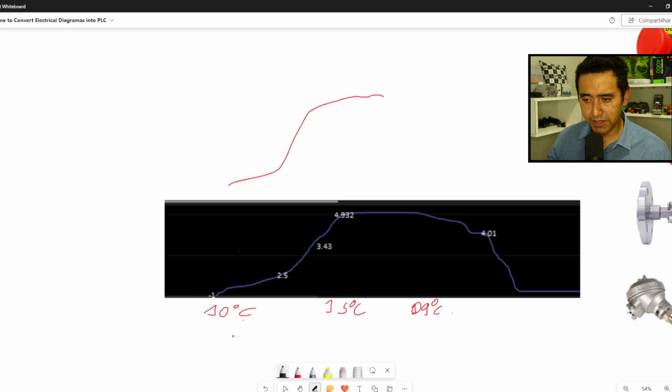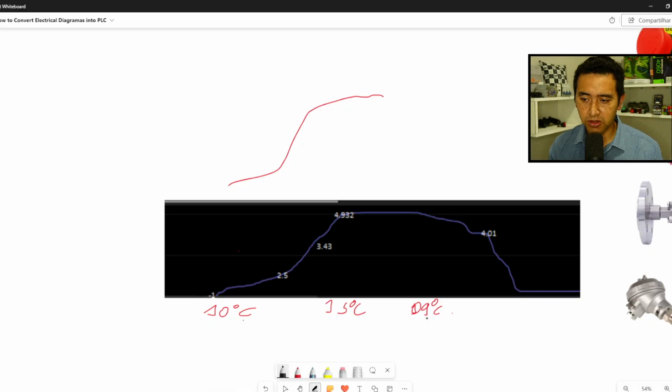After midday we have 15 degrees. And in the afternoon, it calms down, going down to 9 degrees. By the way, an analog signal can have a lot of possibilities, a lot of states.